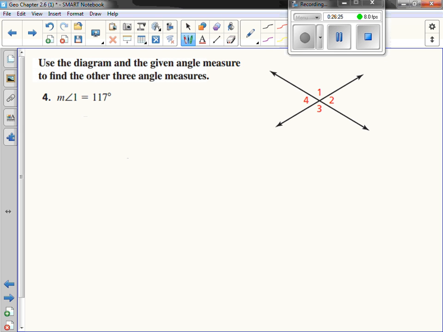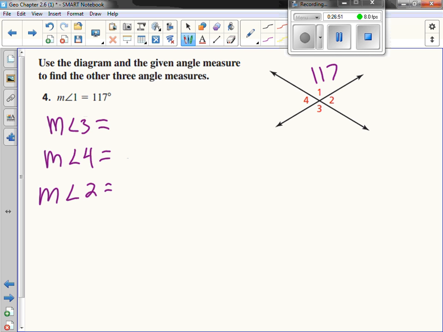So looking at this here, I'm told that the measure of angle 1 is 117. I want to find the measure of angle 3, angle 4, and angle 2. So what angle is a vertical angle to angle 1? 1 and 3, because they're over the top of each other, yes?